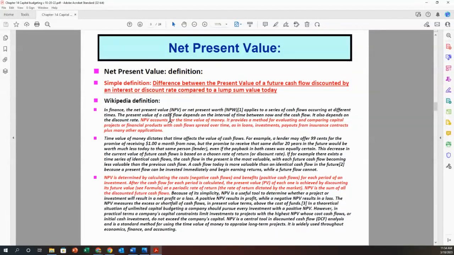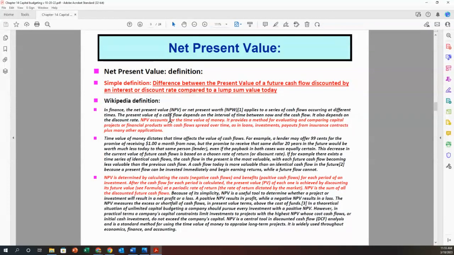So net present value is determined by calculating the cost, the negative cash flow. Generally, that's our lump sum. And benefits are positive cash flows. That's our annuity, for each period of an investment. After the cash flows for each period are calculated, the present value of each one is achieved by discounting its future value at a periodic rate of return, the discount rate.